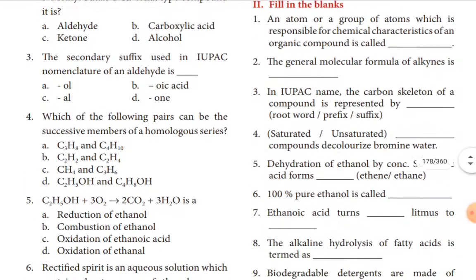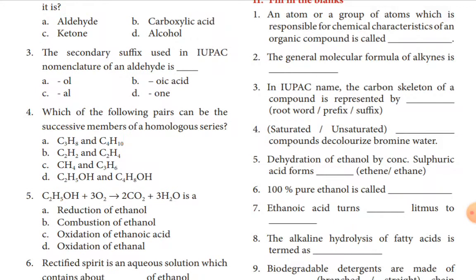Then, which of the following pairs can be the successive members of the homologous series? You have to find out: two successive members of a homologous series must have a difference of a methylene group, CH2, between the molecular formulas. If you take two compounds, for example option A, C3H8, C4H10, you have to check the difference between these two.